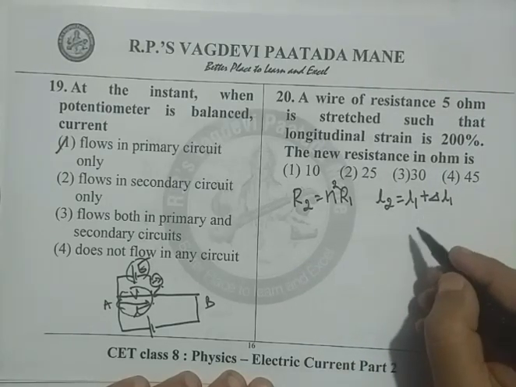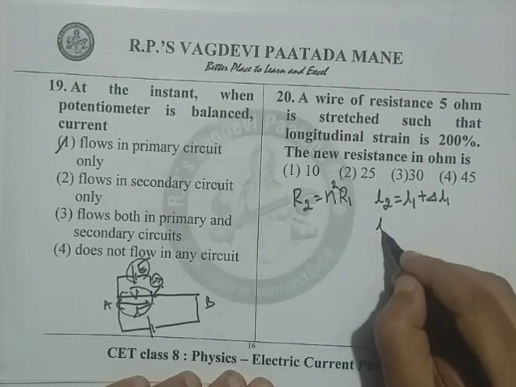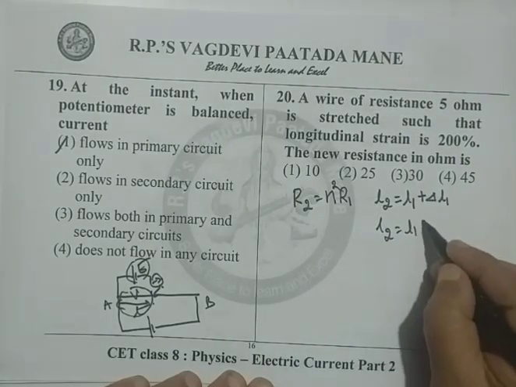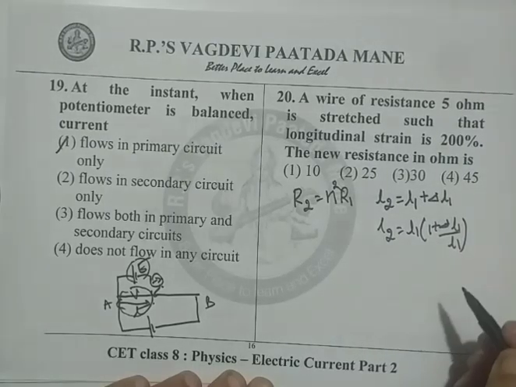Say L2 is L1 times 1 plus delta L1 by L1.